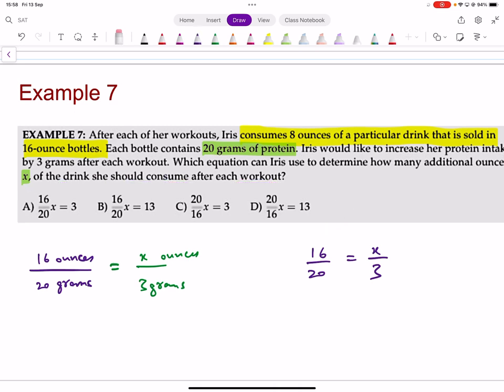Now you don't have 13 here, so you can just cross out the equations containing 13. Which of the other two is it? If we take 3 to the left side and 20 and 16 to the right, it becomes this. 20x over 16 is 3, that is C. Is that okay?